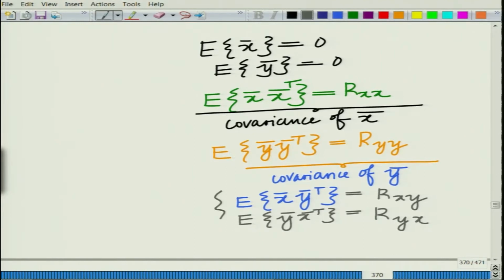These are essentially the interesting quantities, what we call the cross covariance.